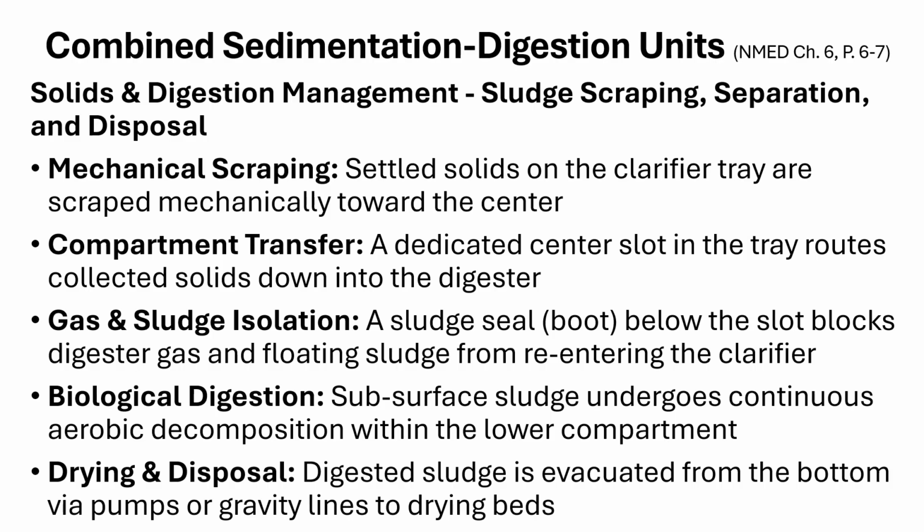The sludge blanket is building up, and the microbes, using that dissolved oxygen, are decomposing that waste, and then we pump it or use a gravity drain line to send that treated sludge that the microbes have chomped on and decomposed. We're going to send that off to a drying bed. Okay, that's it in a nutshell.